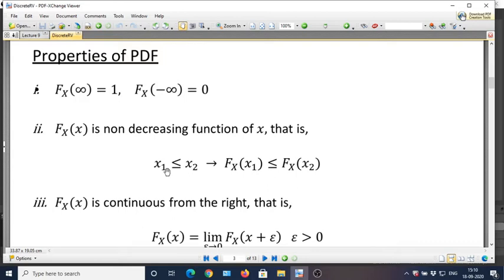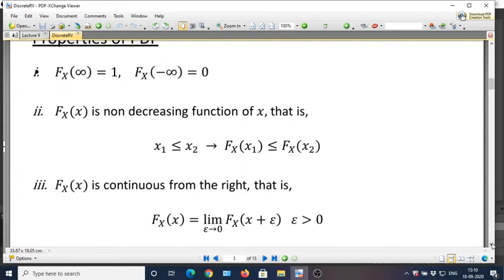Since x1 is less than or equal to x2, the interval minus infinity to x1 is a subset of the interval minus infinity to x2, or this is contained in this one, and therefore the corresponding events in the sample space, if you call them A and B, the event A is a subset of event B, and therefore the probability measure of A, that is P of A, has to be less than or equal to the probability measure of B, and that is why we have this relationship coming up.